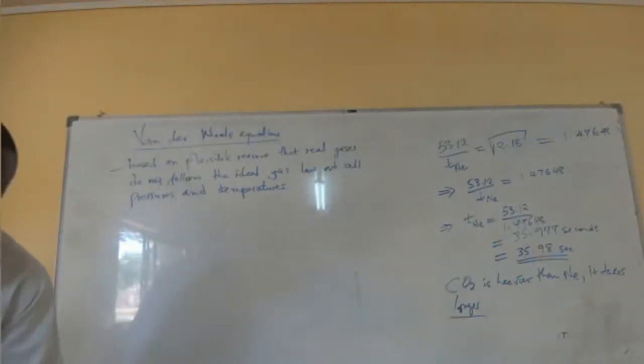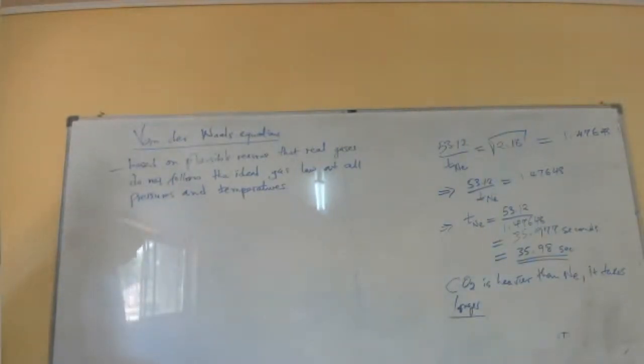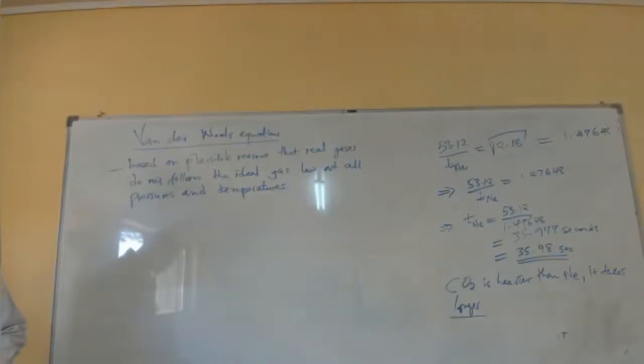Mostly, if you look at the postulates of the kinetic molecular theory, you will find that, for example, we are saying that particles are very small. They are so small compared with the distances between them that the volume of the individual particle can be assumed to be zero.